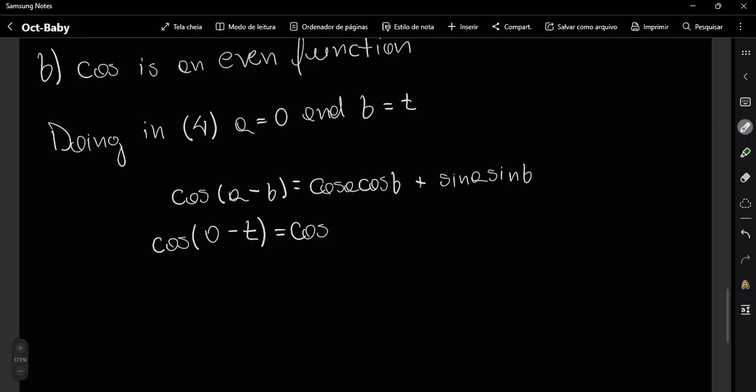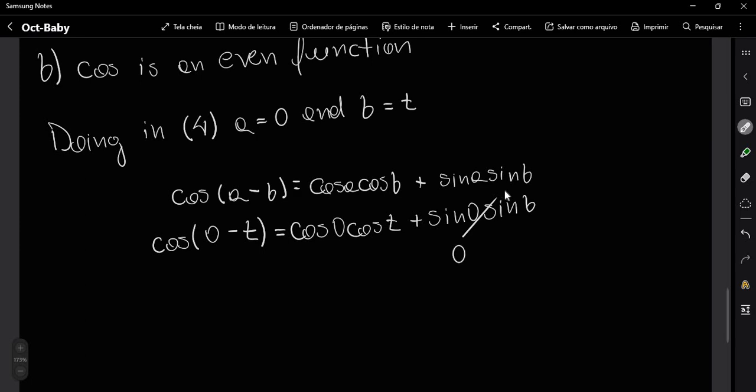cosine of 0 times cosine of t plus sine of 0 times sine of t. And again, sine of 0 is 0, so all this term is cancelled.